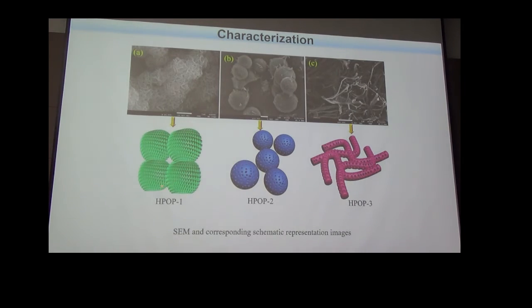Further, the surface morphology of the material was analyzed using scanning electron microscope.